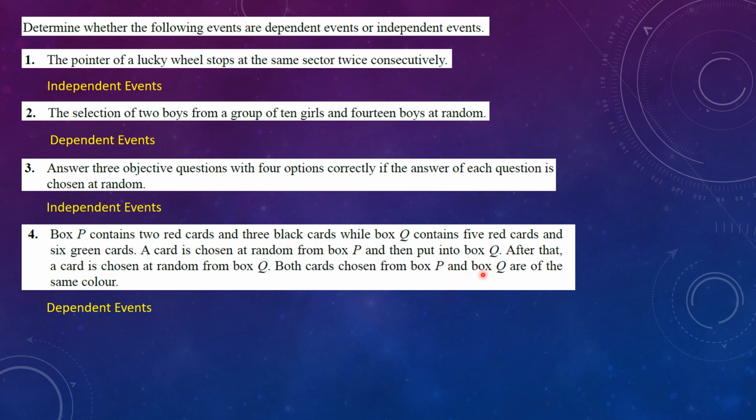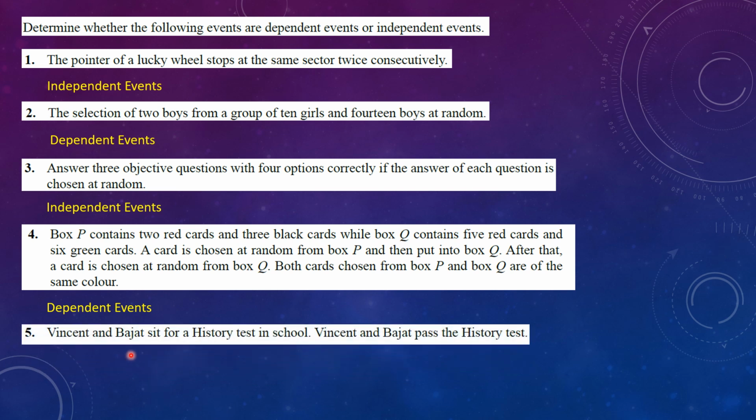You can choose any of the cards. So it depends on what card you put into box Q. If you put a black card and in box Q you choose the same black card, you will get the same color. So the outcome depends on what card you put from box P. So this is dependent events.